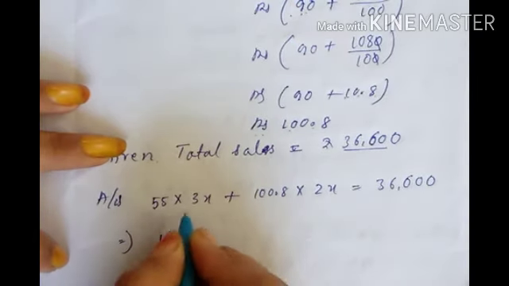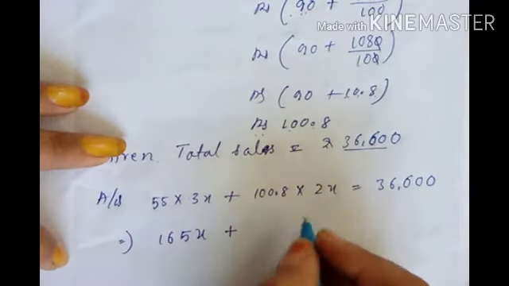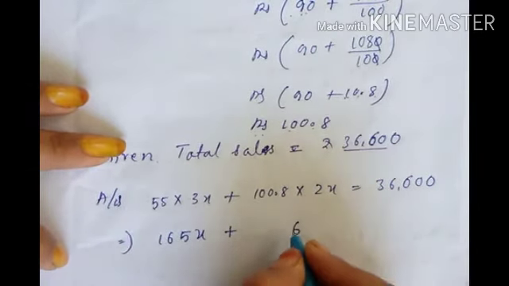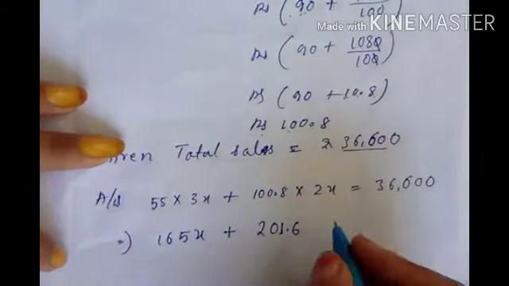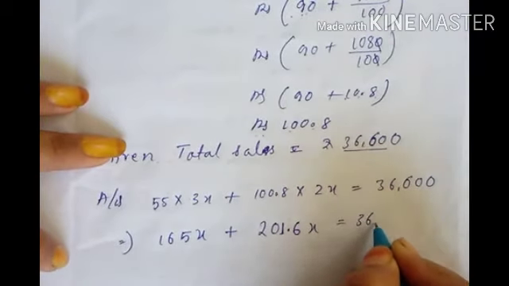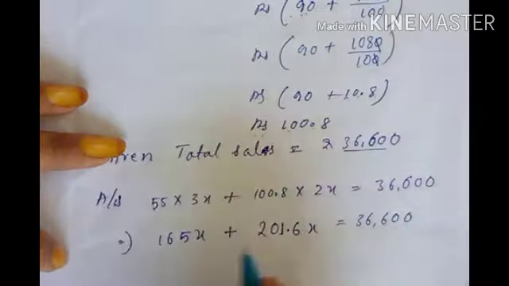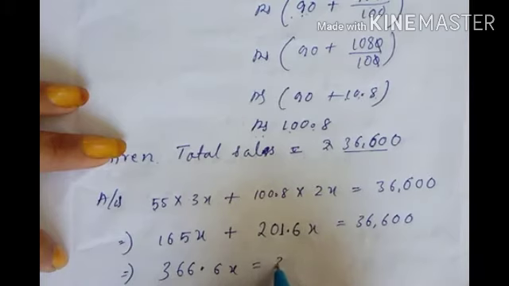Now if you multiply this with 2, how much you will get? 201.6x. Here decimal is there. It's equal to 36,600. Now if you add this, how much you will get? 0.6 will be there, then 6, 6 and 3, equal to 36.